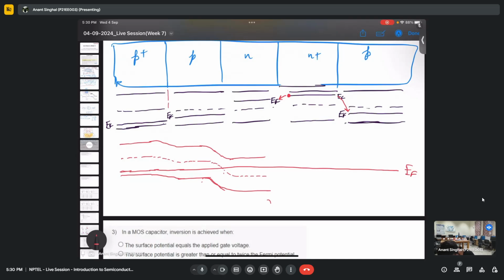I'm making the dotted lines that will make it clearer. Now we again have an N plus, so it will go a bit lower again.